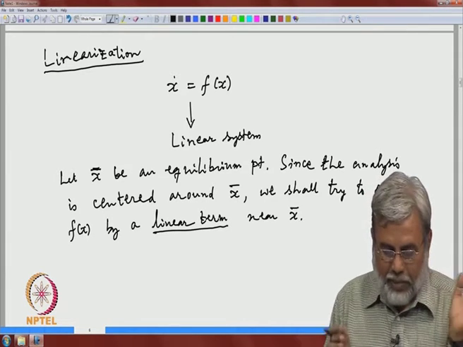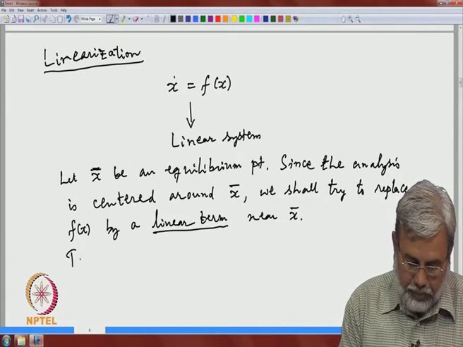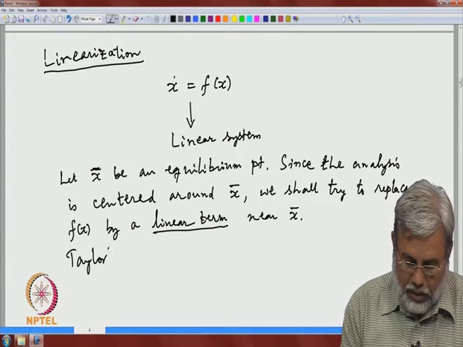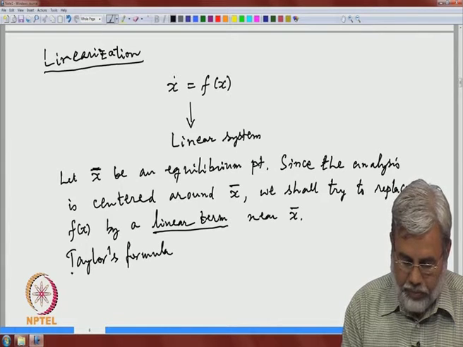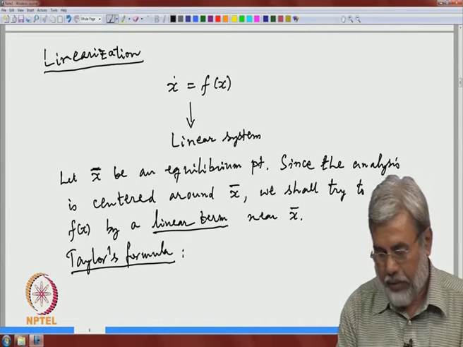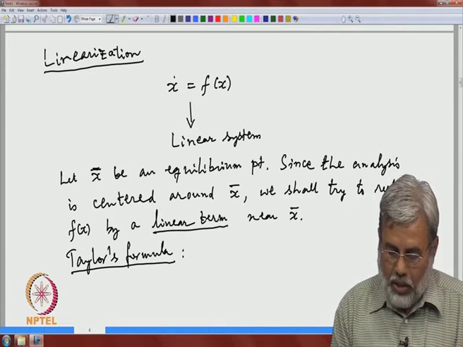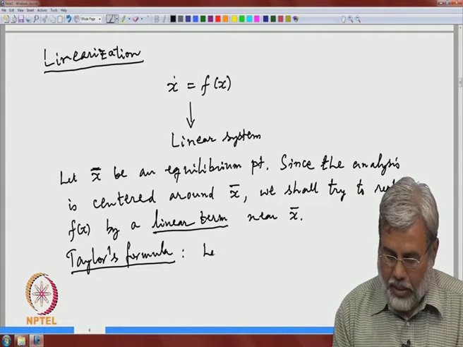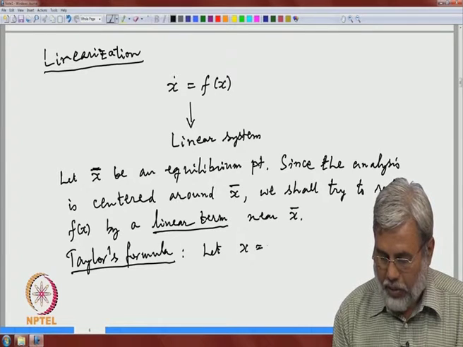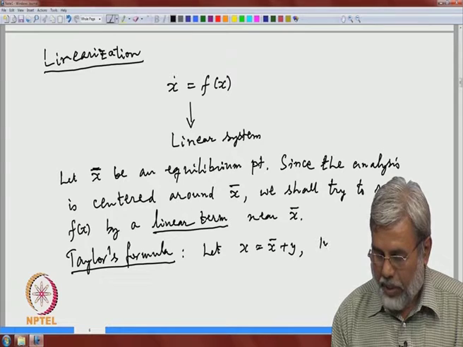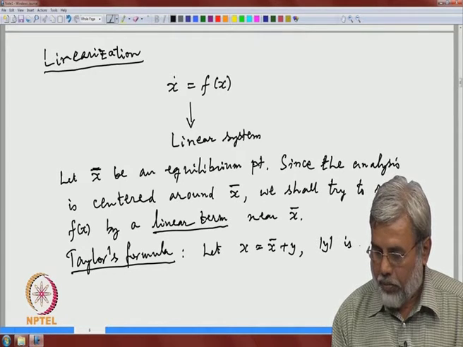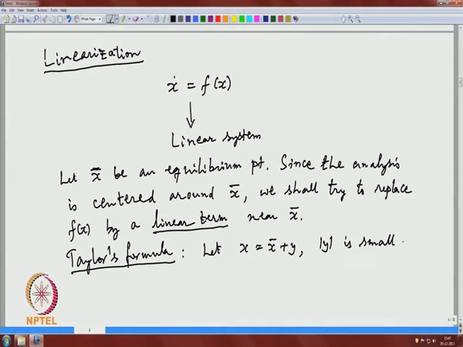So, let me explain that. Okay. Taylor's formula. So, let x equal to x bar plus y. So, y is small, because we are just concentrating near x bar. Okay.